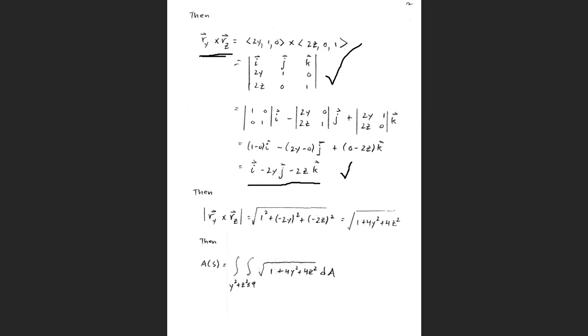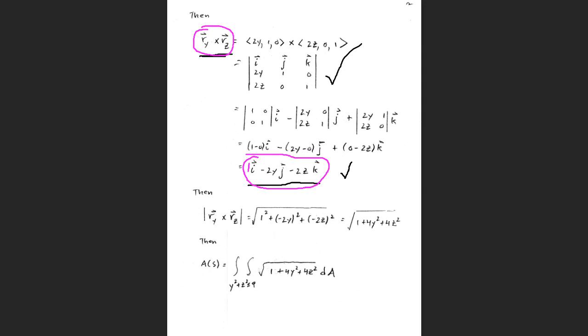And in that case, the order in which we do the cross product matters. But in this case, since we're going to find the length of the cross product vector, it doesn't matter the order in which you do the cross product.